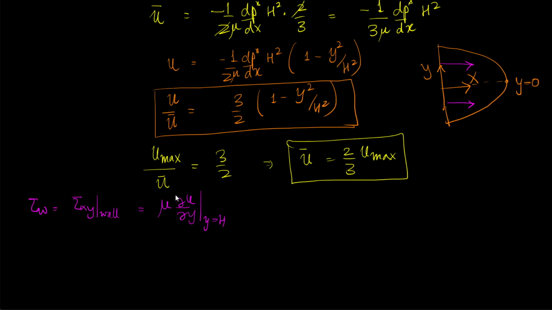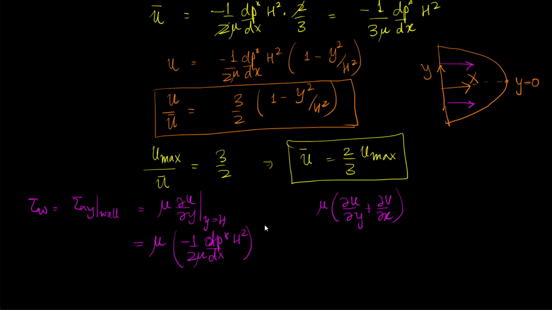The fact is, the stress in general at a wall would have been del u del y plus del v del x. Essentially this is tau xy, but because v is 0, this other term would vanish. So this becomes mu times minus 1 upon 2 mu dp star dx h square.